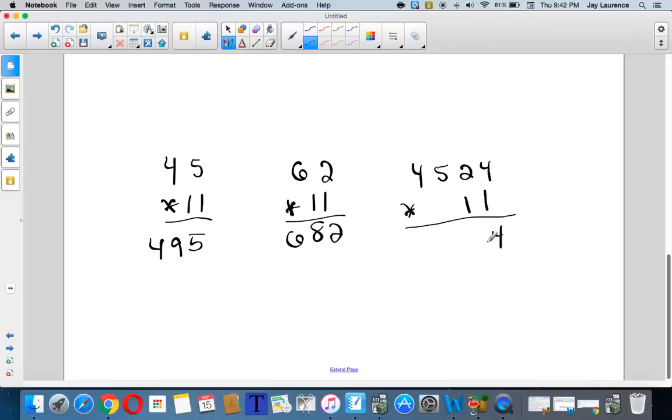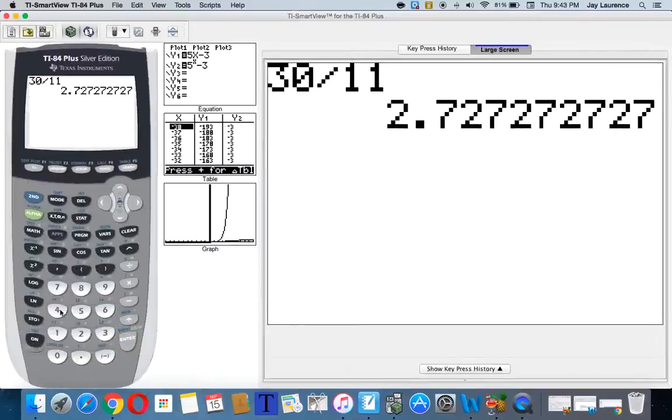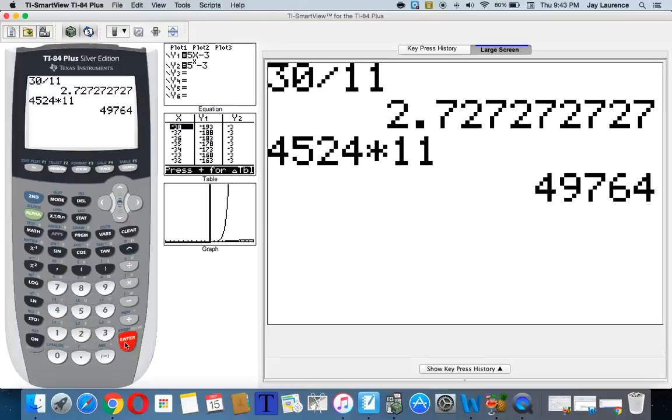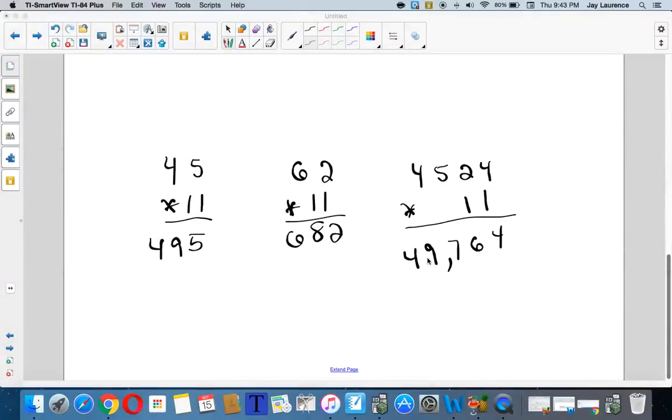Well, I think it's going to be 4, 6, 7, 9, and 4. Let's check that, because you can't just take my word for it. 4,524 times 11 is 49,764. If you haven't figured out what I'm doing, I'm just adding.